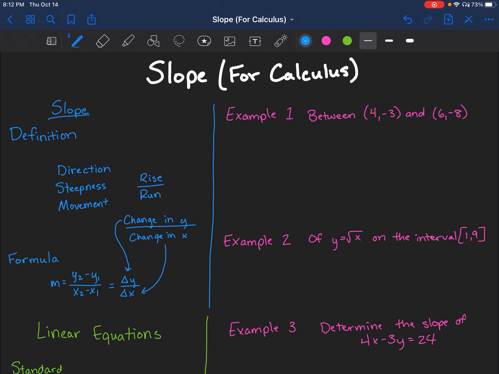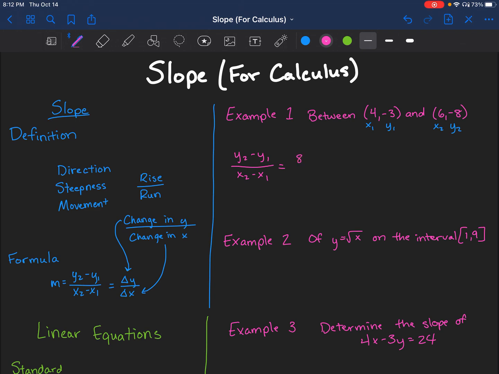So example 1 says, I want to find the slope between 4 comma negative 3 and 6 comma negative 8. I'm just going to try to start off by labeling these points. So we'll label it as x1, y1, and x2, y2. And then I'm going to go ahead and start plugging into that formula, which is the y2 minus y1 over x2 minus x1.